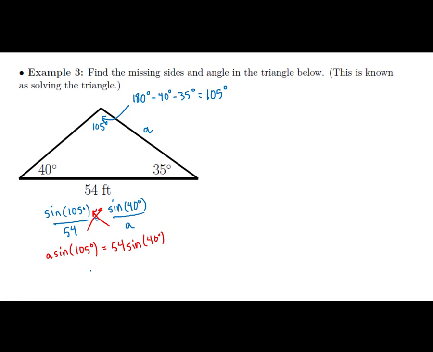But then to get a isolated, we have 54 times the sine of 40 degrees, all divided by the sine of 105 degrees. Okay, and so that gives me an approximate answer of 35.9.